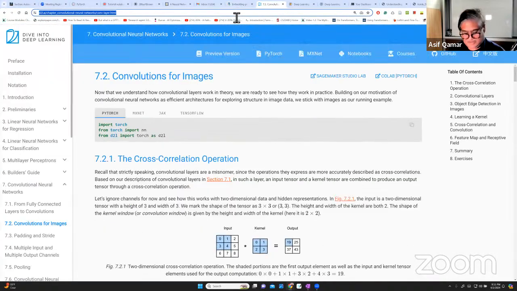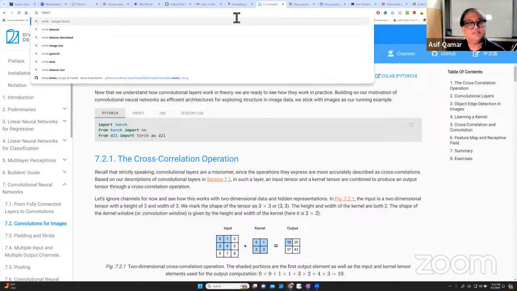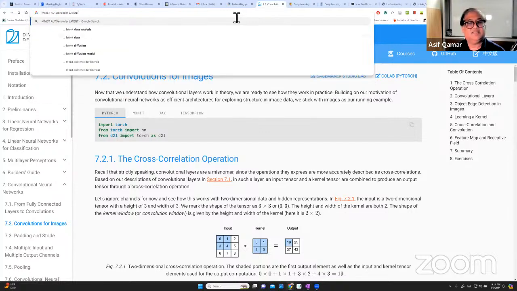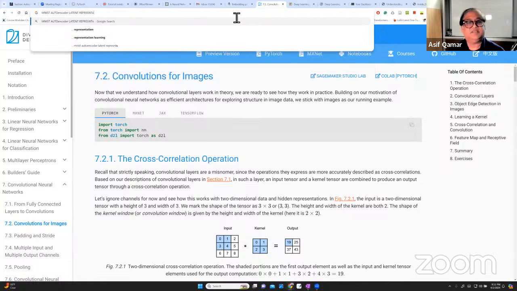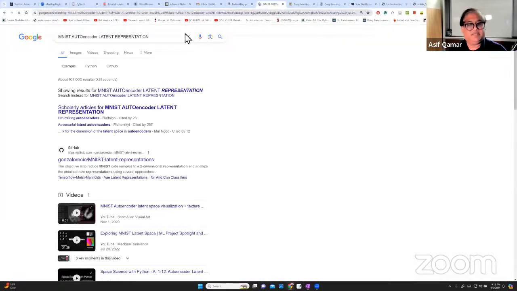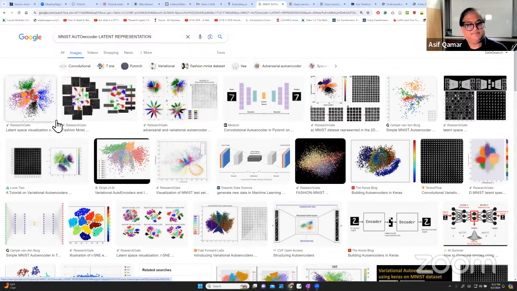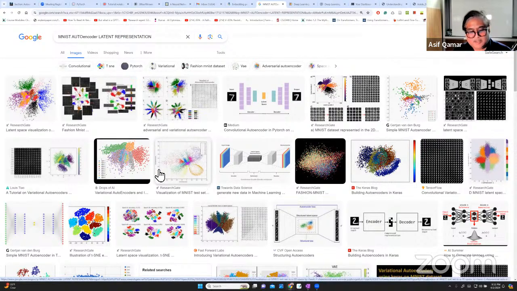MNIST encoder latent representation. There must be images. If you go and look at the images, let me take an image that looks like it.